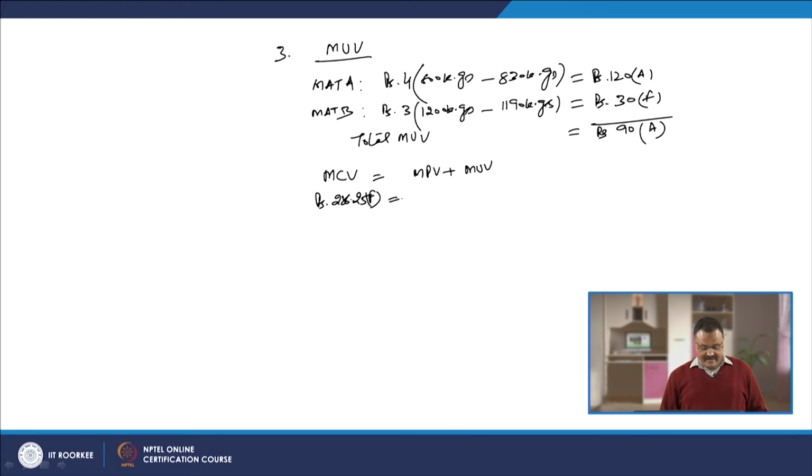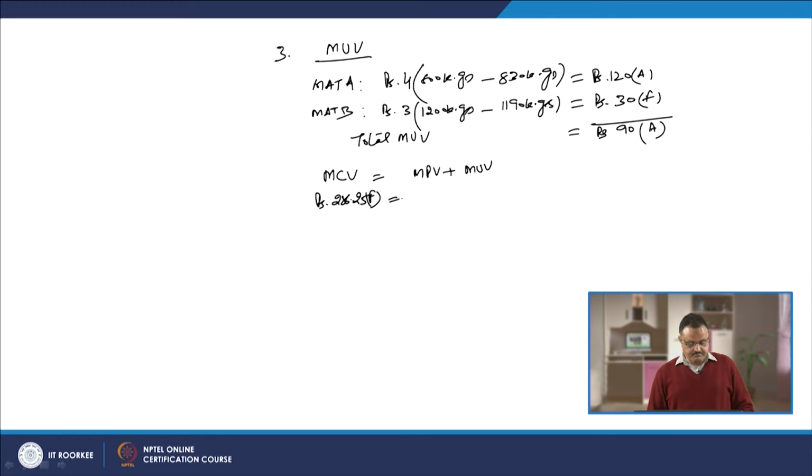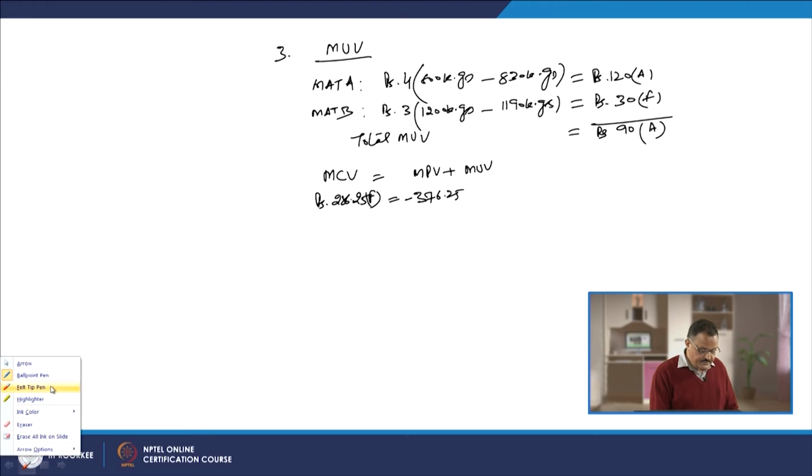And what is the material price variance? If you take the material price variance in the previous sheet, the total was 376.25, the favorable variance.